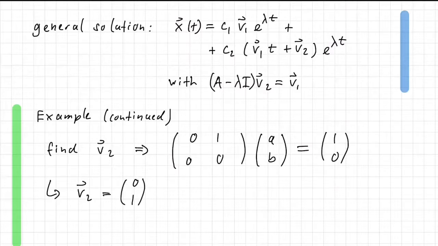Actually, it's important, if you look at it, we might note there are more solutions possible, because in this particular form of the matrix I can put in any value of a. That's normal for this kind of situation, because what we have here is this expression A minus lambda, which has determinant equal to 0. So that's a matrix which is not invertible, which has a null space, and that null space is the other eigenvector v1. So basically, this vector v2 is only defined up to some multiples of v1.